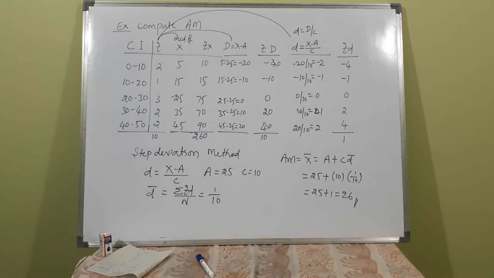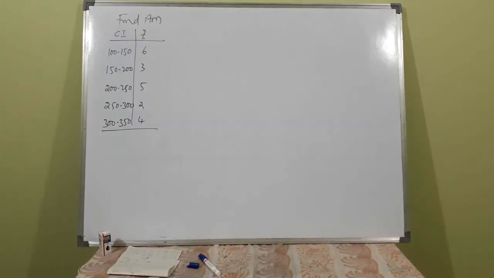You solve one more example. See, once again I will consider one more example of the same type. I don't consider the different type of data. Whenever needed in the regular classes, I will explain that again. Hardly you may require to find the inclusive class interval. 1 or 2 examples are there.